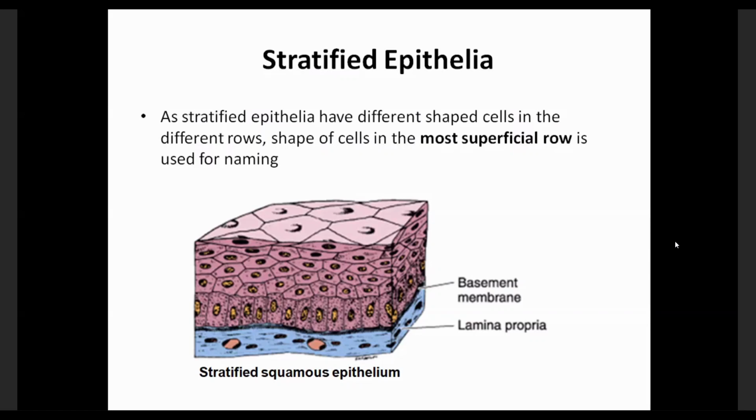This keratin is important to offer mechanical protection to those exposed cells. So stratified squamous epithelium may have superficial cells full of keratin. In this case, we name them keratinized stratified squamous epithelium.